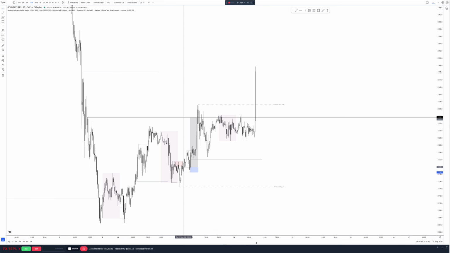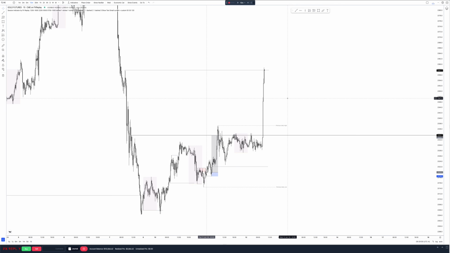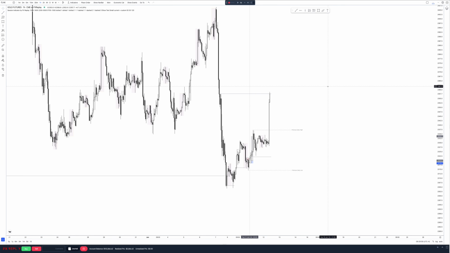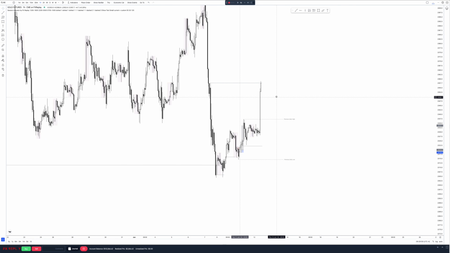Whoa. Okay. Oh, I think this was news probably. Let's see. High got swept over here. Let me delete this. So on the hourly, pretty nice honestly. We got an imbalance. Maybe we can see shorts happening now.